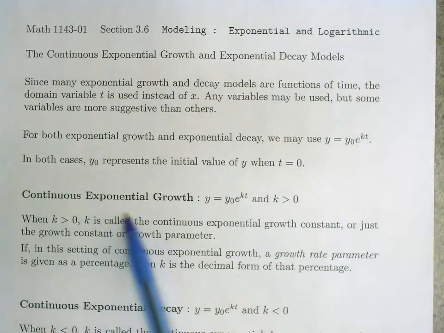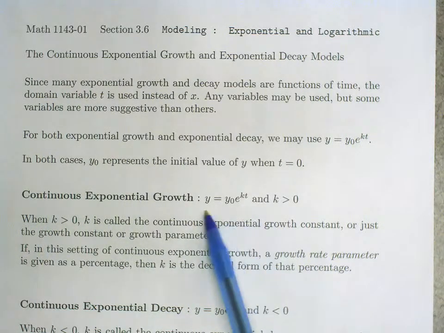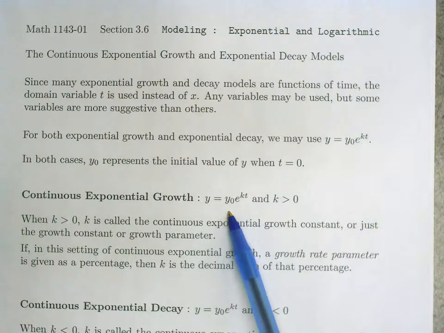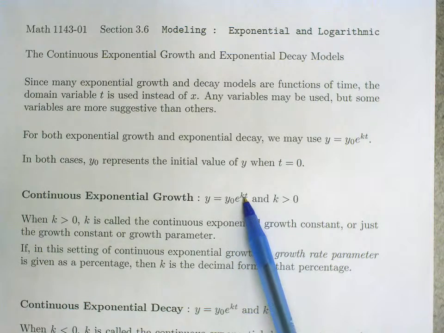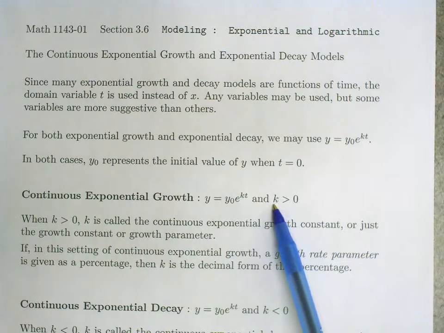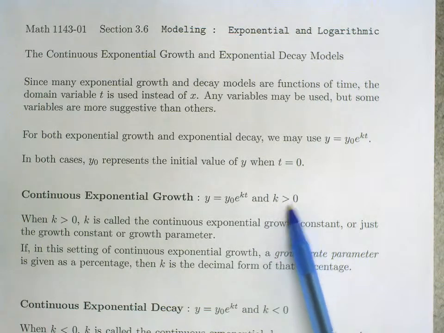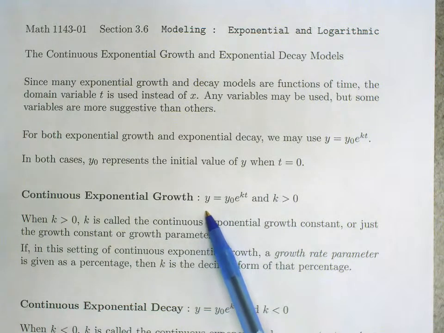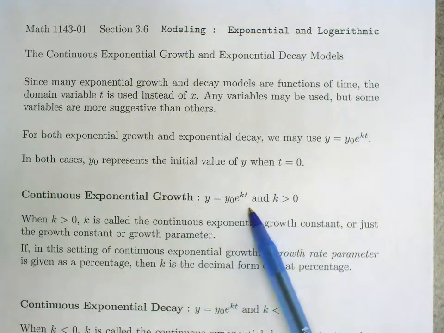For continuous exponential growth, when we use this model, y equals y sub 0 times e to the exponent k times t, if the k value is positive, meaning that it's greater than 0, then you automatically know just by looking that you have exponential growth.